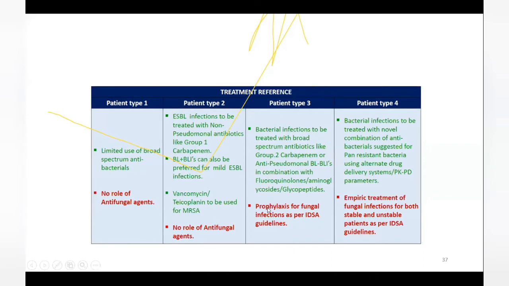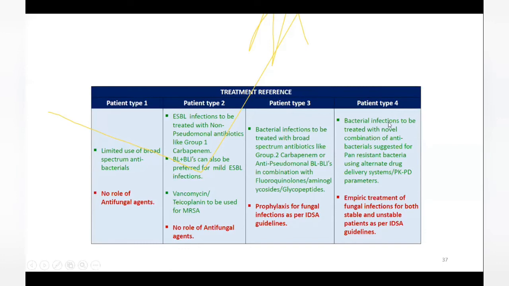In type 3, prophylaxis for fungal infection can be given as per IDSA guidelines, the Infectious Diseases Society of America guidelines. Here, the bacterial infection should be treated with broad spectrum antibiotics like group 2 carbapenems or anti-pseudomonal beta-lactam inhibitors in combination with fluoroquinolones or aminoglycosides or glycopeptides. In type 4, empirical therapy of fungal infection. Now, in type 3, there was prophylactic fungal therapy. In type 4, there is an empirical treatment of fungal infections.